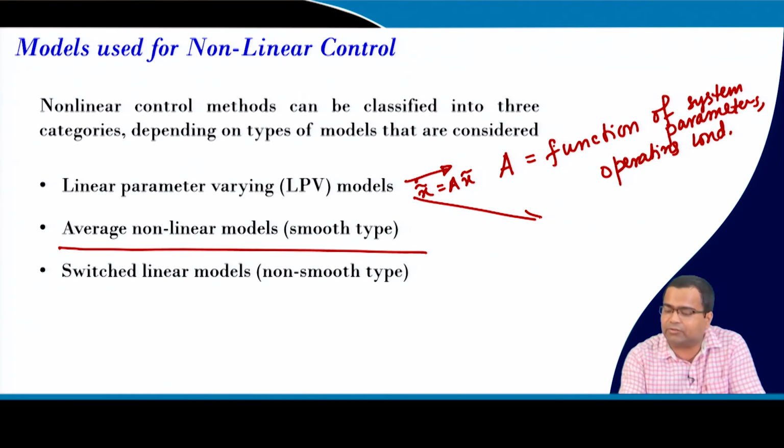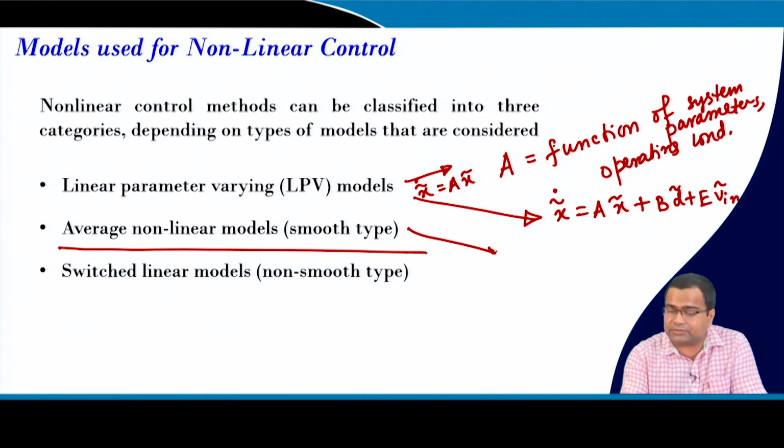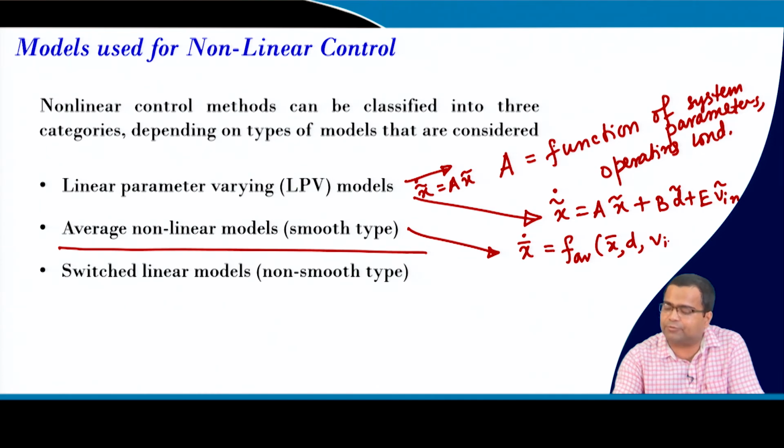Let me write it down here. We got x tilde dot equal to A into x tilde plus B into d tilde plus E into V tilde. In this case, we got x dot average is nothing but F of average x, and there is a duty ratio and input voltage.